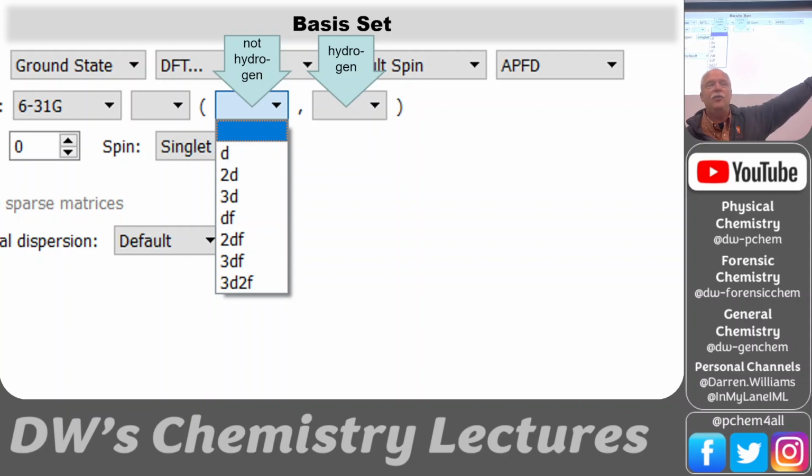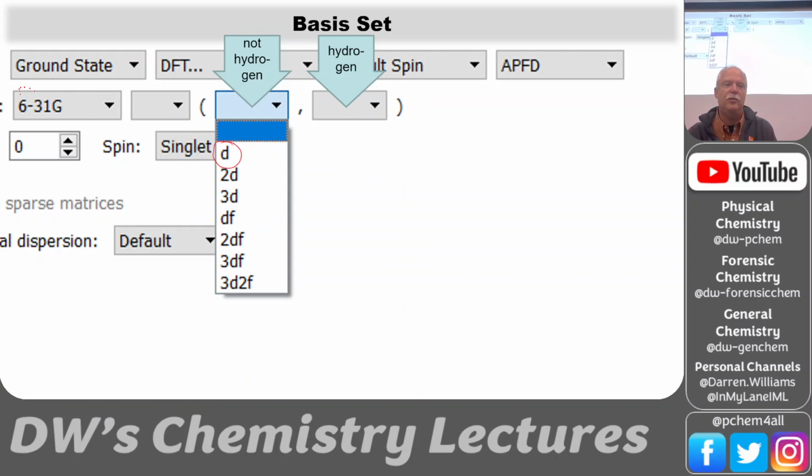But if I add a d orbital in my computational method, then my electron would have the freedom to go at angles other than 90 degrees. Where are my p orbitals? P orbitals go along the Cartesian axes. If I want to go diagonal, I need some d orbital character. Okay, and so I could maybe pick a d there.